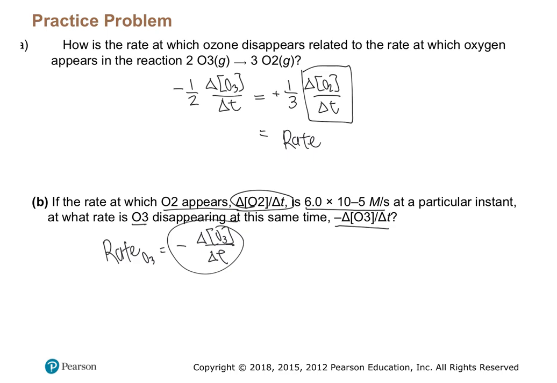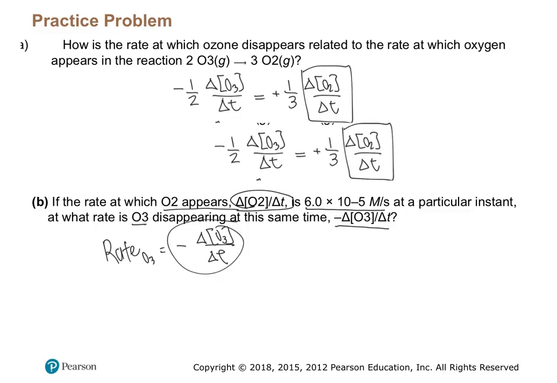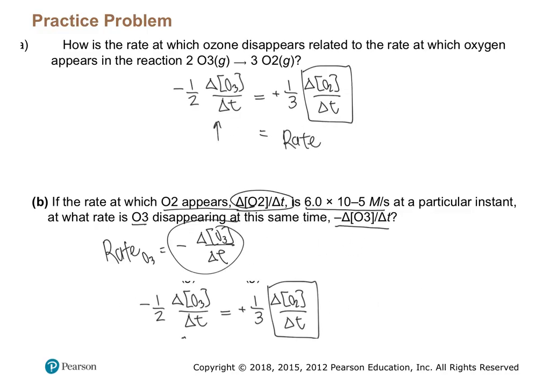And so we could take our equation up top here and get that by itself. So I'm just going to copy that up top. And what we want to do is get this part all by itself, also with the negative, right? Because that means rate of disappearance.